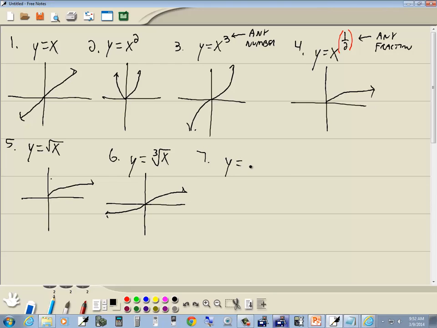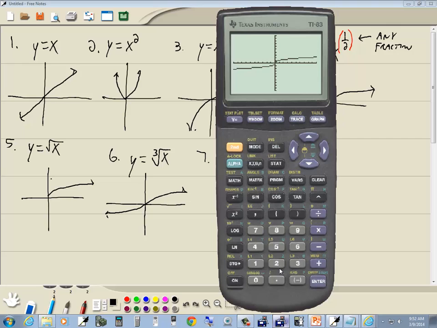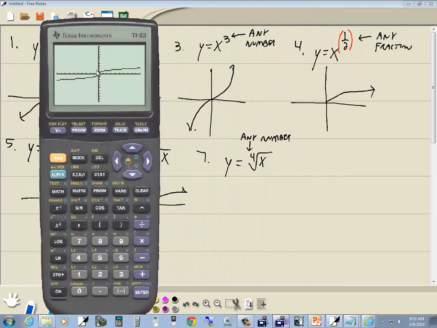Well, let's take a look at how to do the fourth root of x. Now, I'm demonstrating here how you handle it when you have any number in this slot: 4, 5, 6, and so forth. The number in the slot is called your index. So let's see how to handle it when you have any number in that slot. First thing we have to do, after going to y equals and pressing clear, is put our index in first.